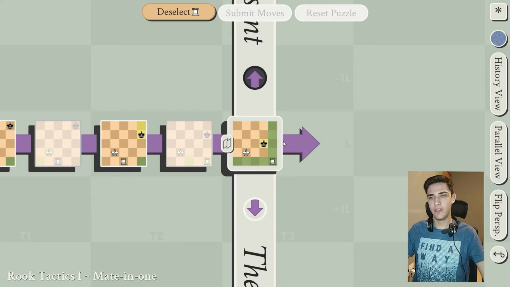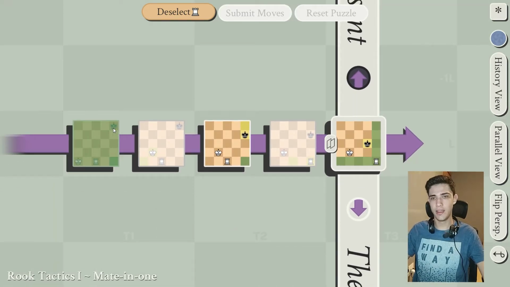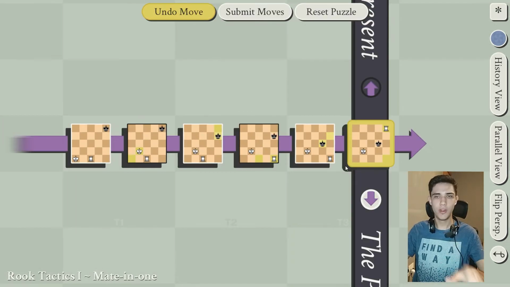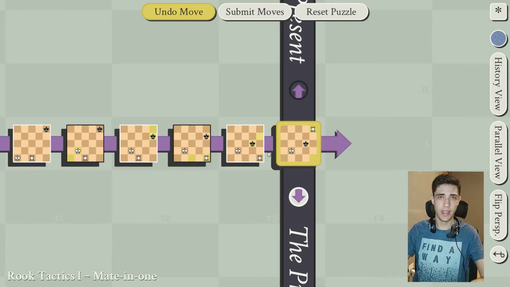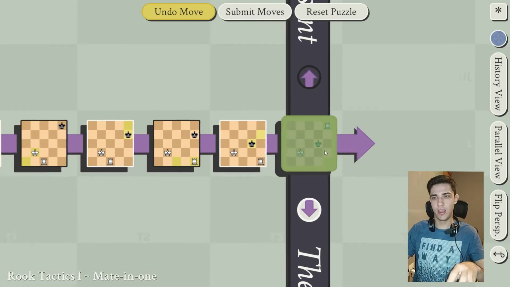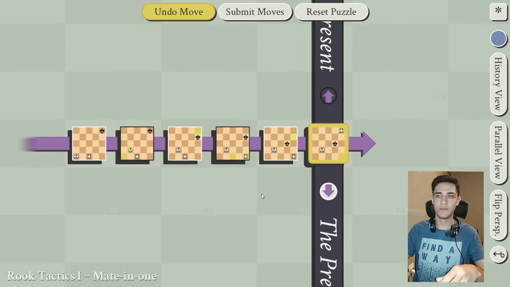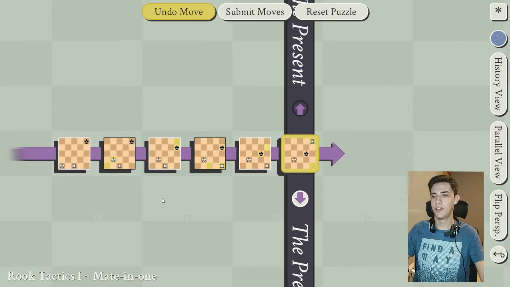So here, as you can see, we can check his king on this board, just by moving to here. We're checking his king here because, like I said, when the rook travels to the past or to parallel universes, it stays on the same square that it was on the current board, and only travels to another board in the past or parallel universes.